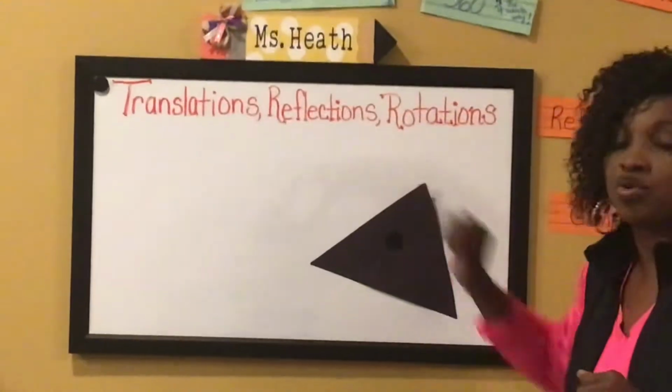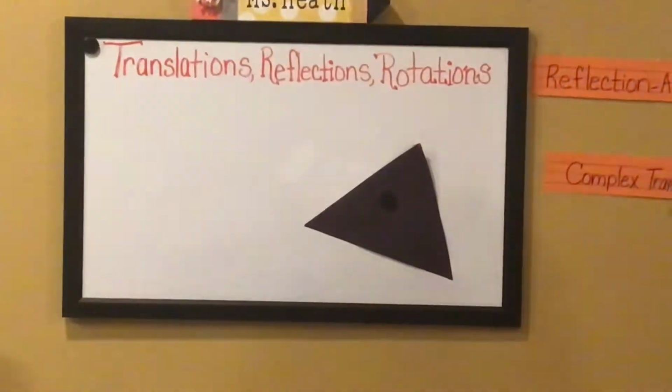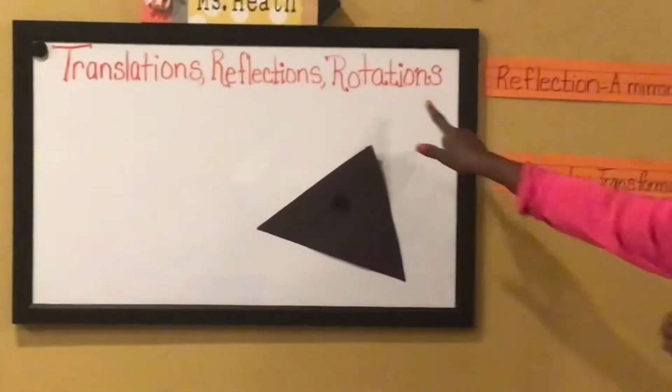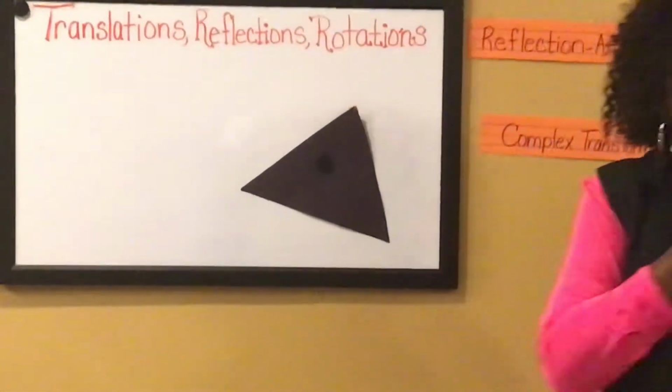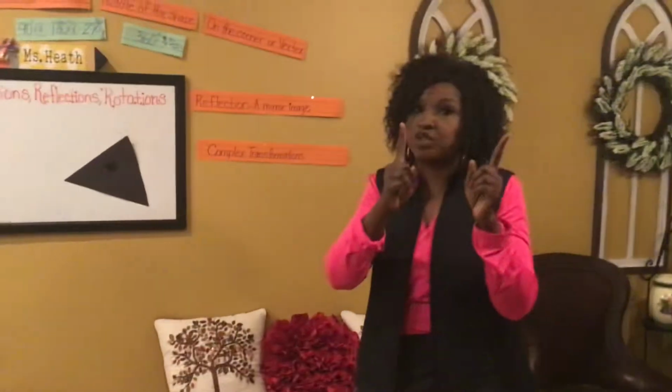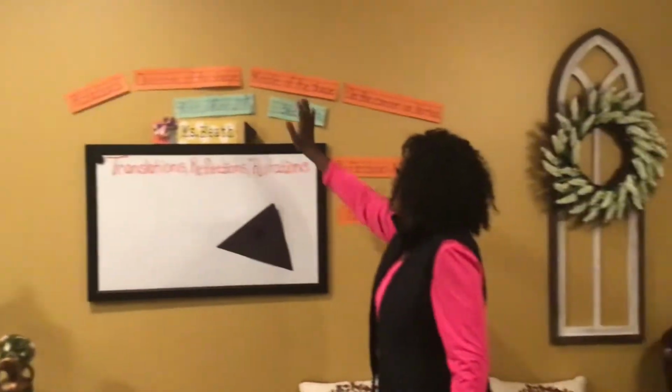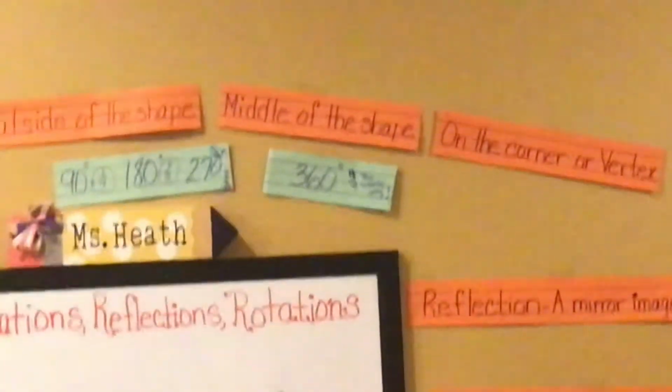Now let's move into a rotation, then I'll come back to reflections. Before I go into what a rotation is, let me first tell you there are three kinds. We can rotate outside of the shape. A rotation can occur in the middle of the shape.